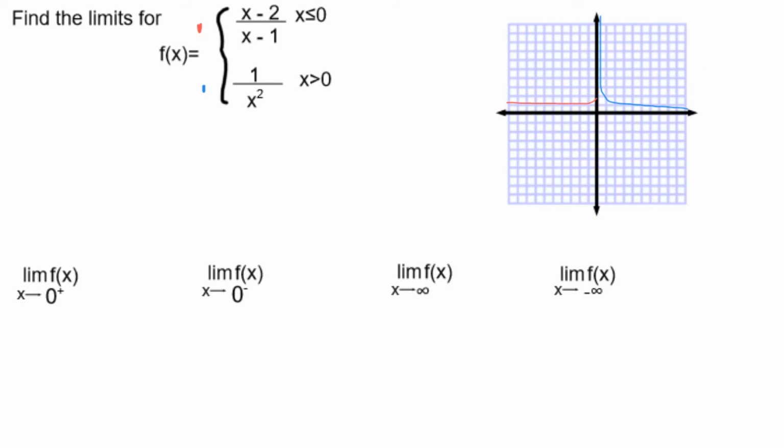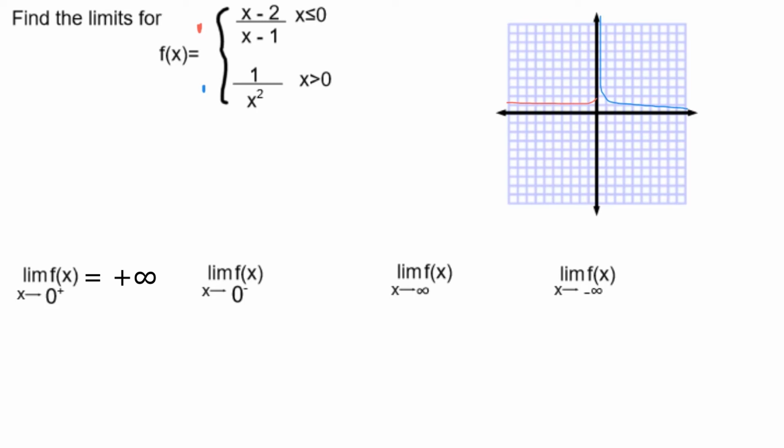So let's see what these questions are asking. First one, find the limit as x approaches 0 from the right. As x approaches 0 from the right, looks like that's going to be positive infinity.